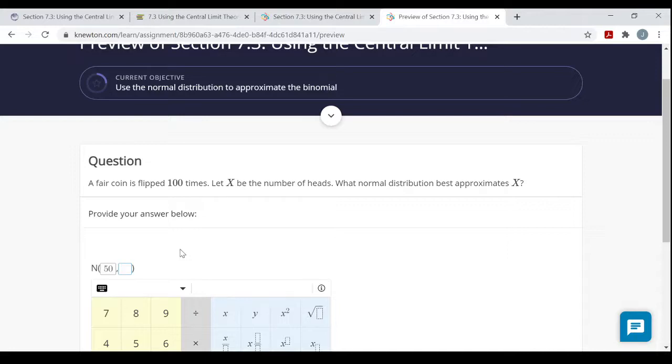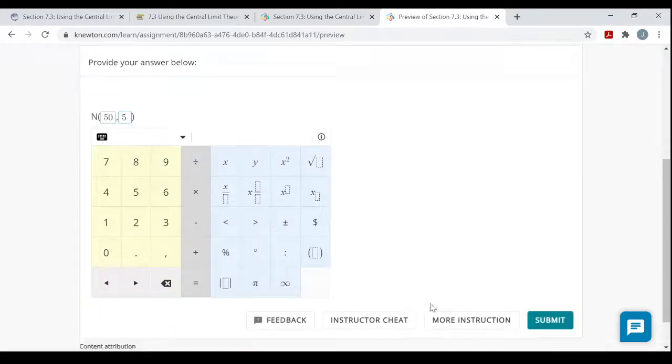So npq, 100 times 0.5 times 0.5, well, that'd be 25. And then the square root of that is 5, so they end up being nice whole numbers here, 50 and 5, for the mean and standard deviation of the normal distribution that approximates the binomial really well.